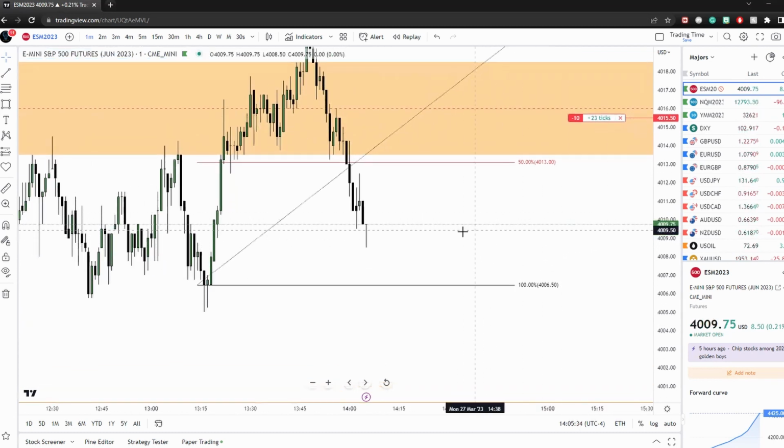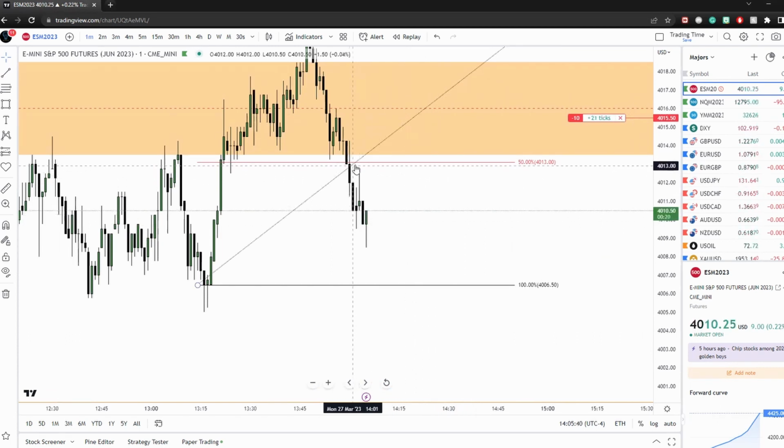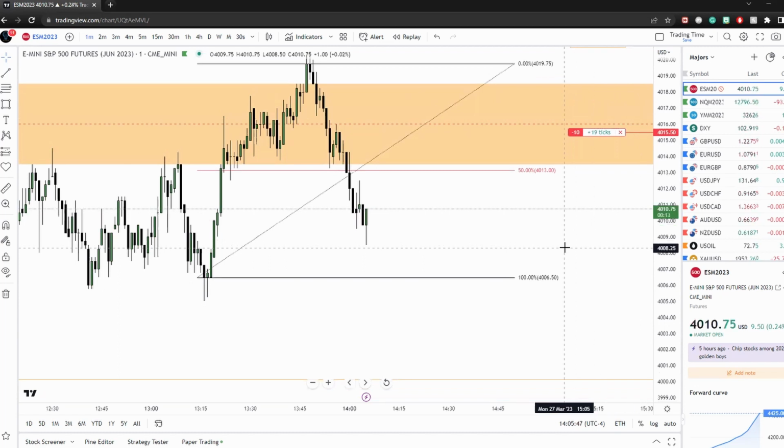Looking for this price here. You see how it doesn't really fill this gap, runs lower, comes back out. I'm looking for this to tank even lower, but we will see. No rush, no rush.